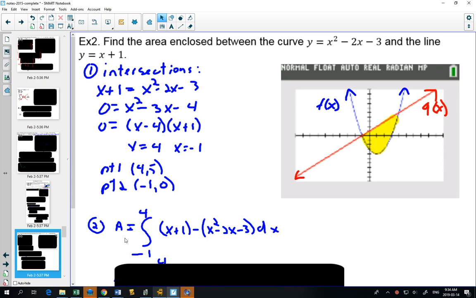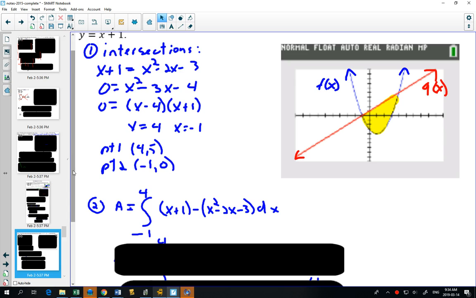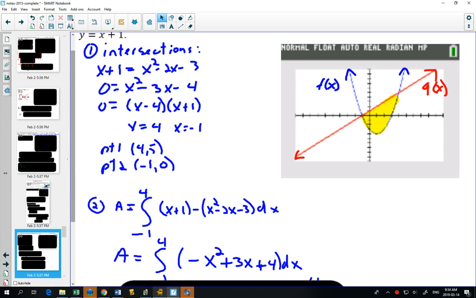It's the line minus the parabola. And simplify.